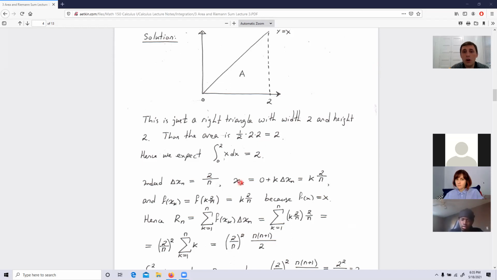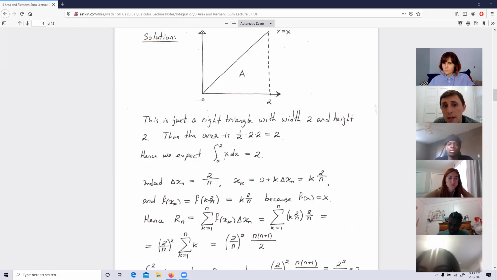Now I can walk from the point 0 to the point 2, and I go 0 plus k times delta xn, and that is k times 2 over n. Do you understand that, guys? So this tells me the location of the point at which I will create my altitude.